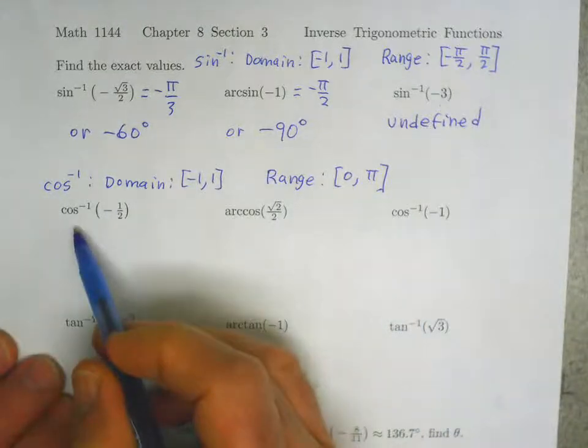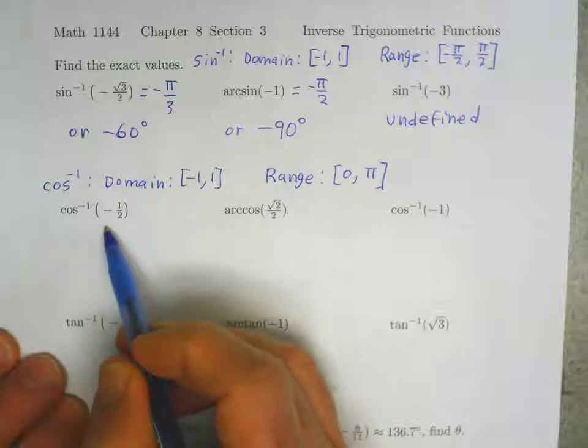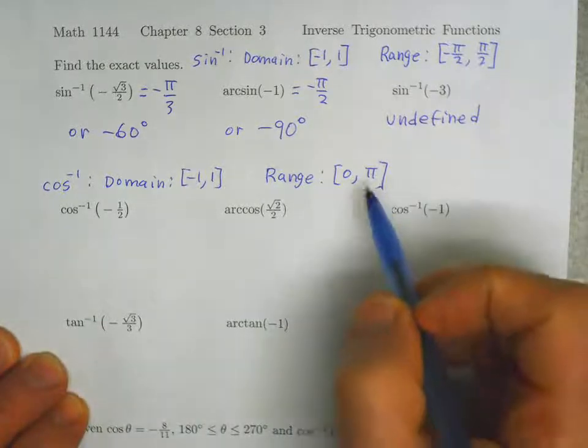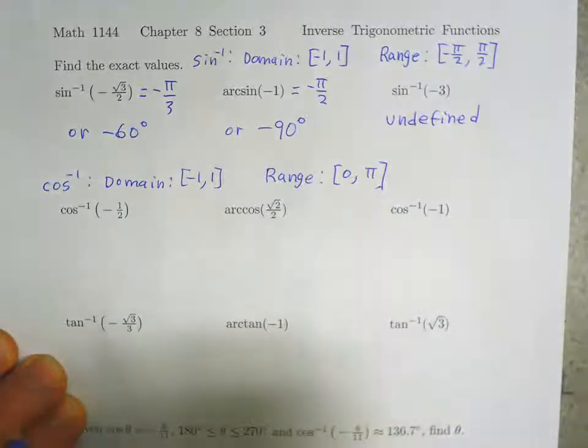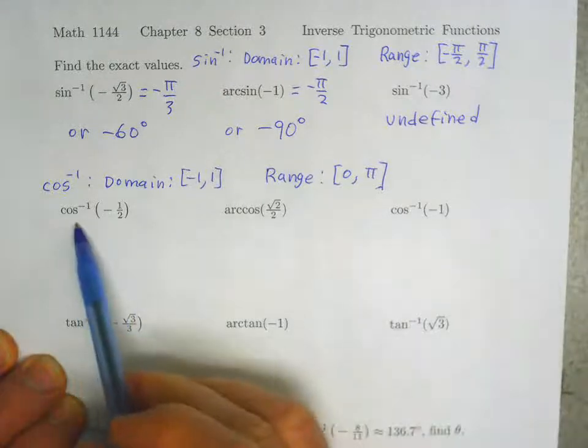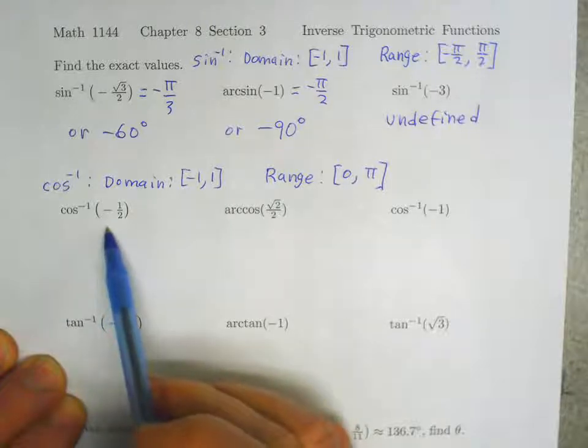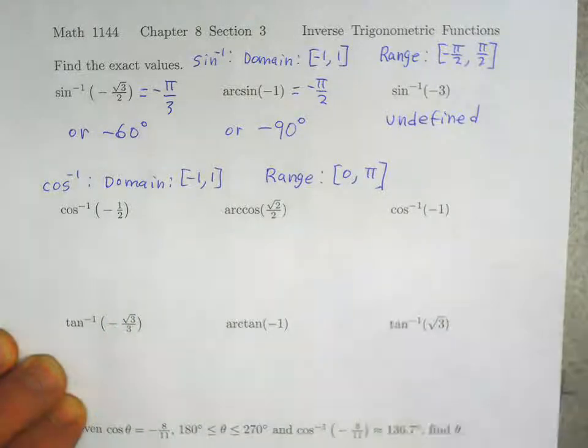Okay, the inverse cosine of -1/2. We know that cosine is positive between 0 and pi/2, and cosine is negative between pi/2 and pi. So this has to give us an angle that's between pi/2 and pi.